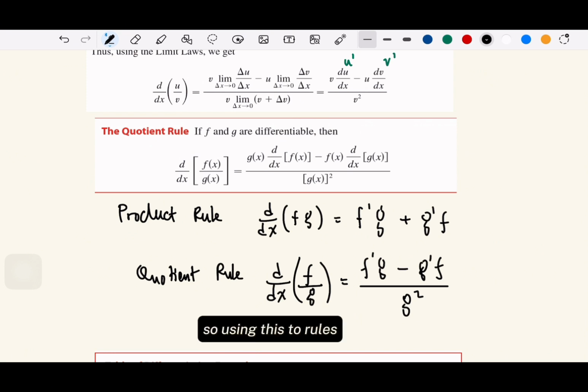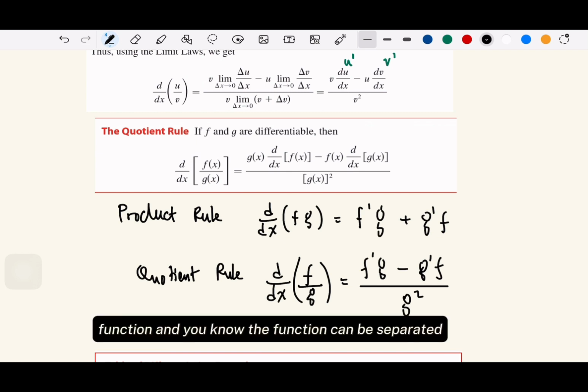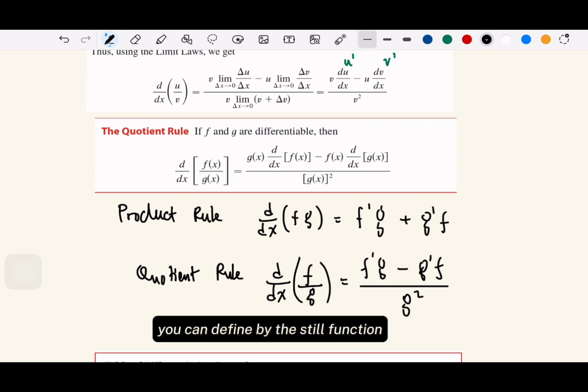So, using these two rules, every time you see any function that can be separated into two, either you can multiply both functions, or you can divide by these two functions. Then you can apply both of these rules.